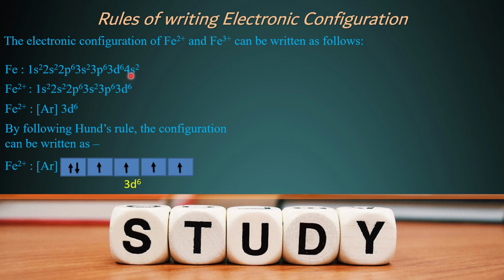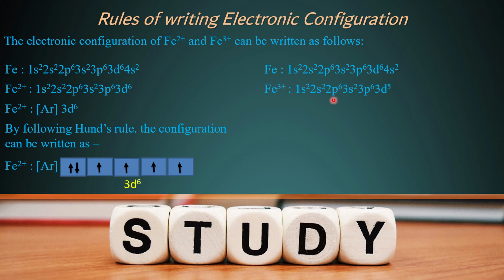Now, when ferric Fe3+ will form, how many electrons will be released from iron? 3 electrons. 2 electrons will be released from the 4s orbital, and another 1 electron, yes, this 1 electron will be released from the 3d orbital.